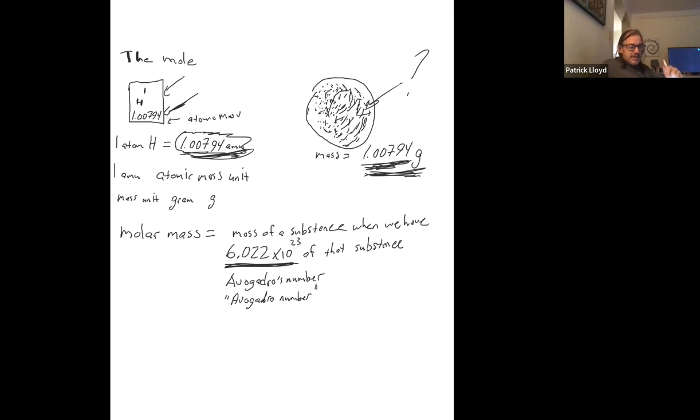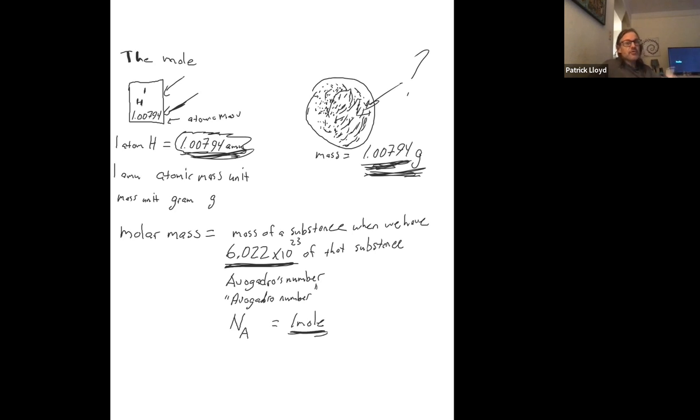And the symbol for that is typically a capital N. I can't claim it's always that because not everybody uses the same convention, but typically it's a capital N with a subscript capital A, N sub A, meaning the Avogadro number. And we define it as a mole.